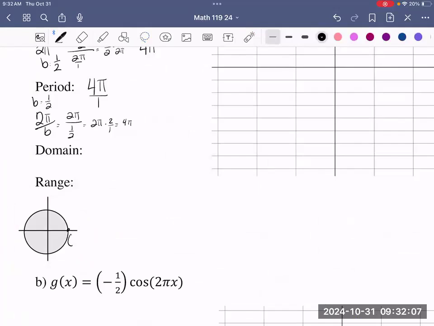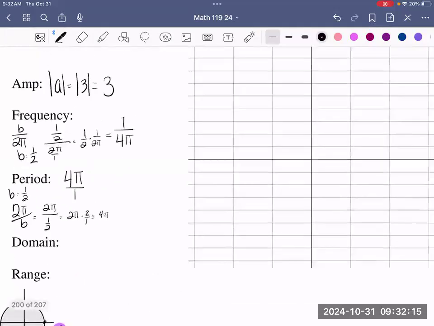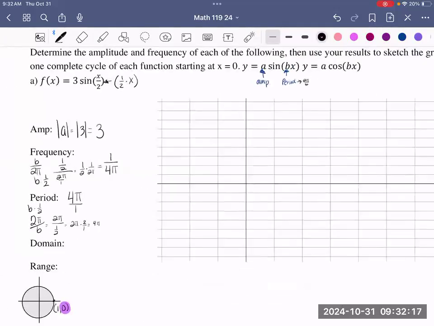Graph of your unit circle, we have 1, 0. Sine is your Y value, so it's going to start at 0. So when we go to sketch your graph, the height of each wave, instead of stopping at 1, we're going to go all the way up to 3. Same thing down below, keep it consistent, -1, -2, and -3.